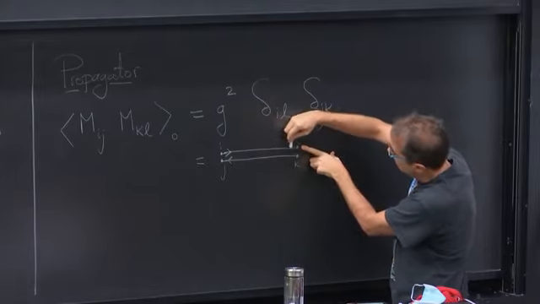Step number 1 was propagator, and step number 2 is expectation value of interactions by Wick contractions. Right? So 2 is now we do interactions by Wick's theorem.